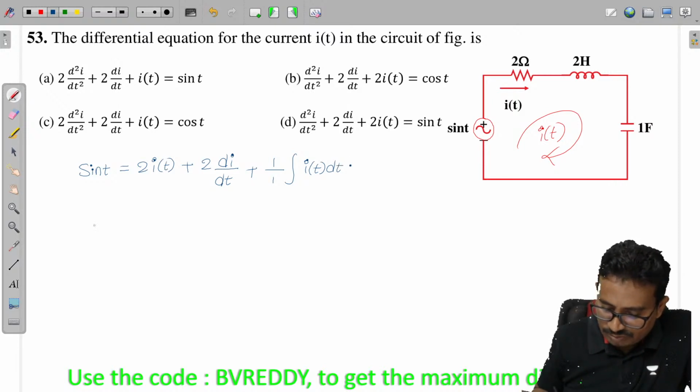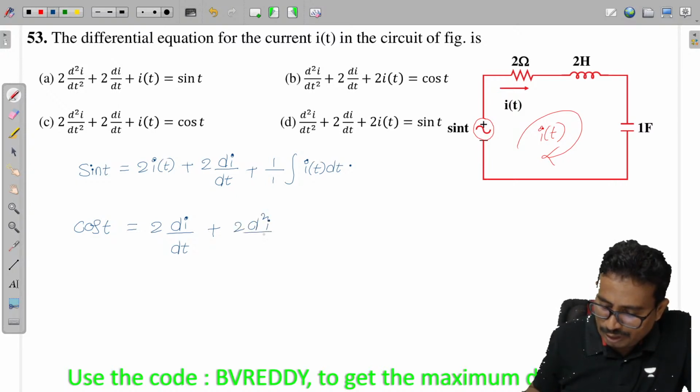Now if I differentiate both sides, it becomes cos t equal to 2 into di by dt plus 2 into d square I by dt square plus I of t.